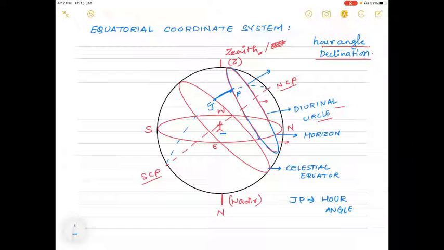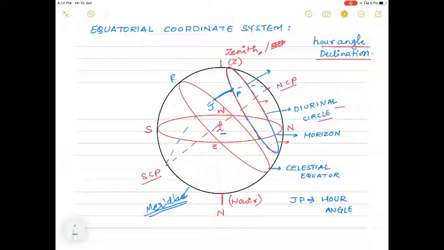Now the next task is to find the declination of the star. To do that, we have to name some points. The celestial equator is intersecting the great circle, the local meridian of the observer, or the observer's meridian.